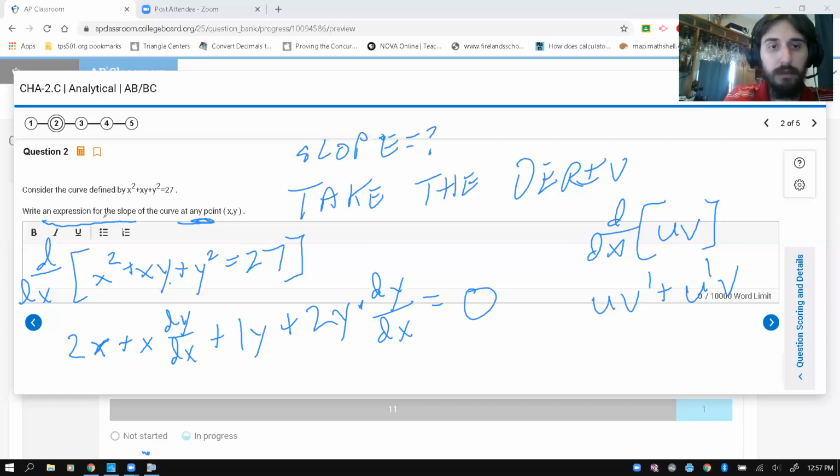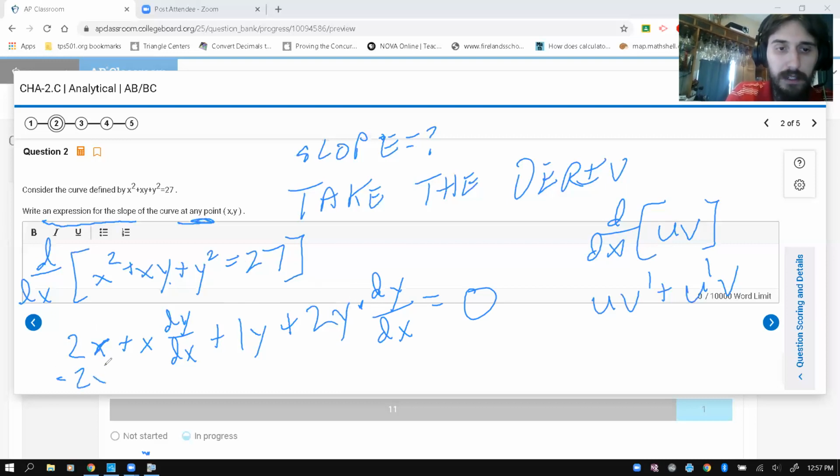We want to write this expression in terms of finding the slope. And remember, this derivative here, this dy dx expression, is what's going to tell us the slope. That's the change in y over the change in x. So I want to solve this expression for dy dx. To do that, I'm going to move the terms that don't have dy dx to the right side of my equation first.